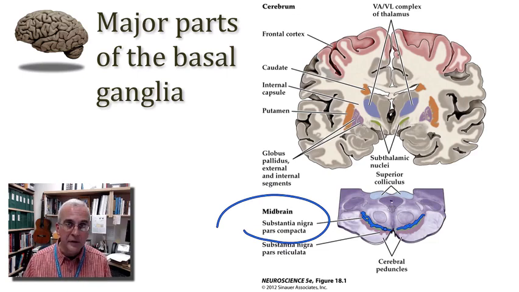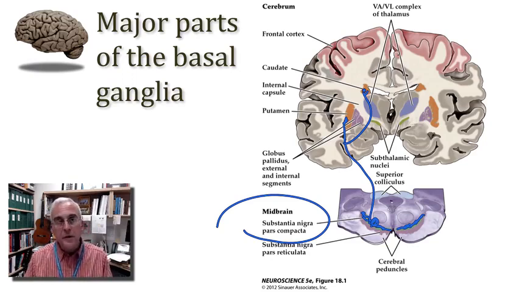Dopamine is released at the axon terminals of these cells, and the projections from this pars compacta of the substantia nigra is targeted to the striatum, to the putamen, and to the caudate nucleus. So dopamine from the midbrain becomes an important neuromodulator of basal ganglia function. We'll spend a bit of time talking about that.